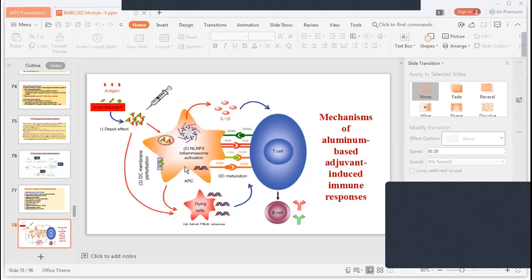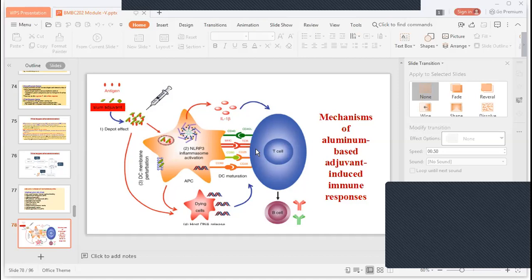It's a full name. So this inflammasome is inducing IL-1 beta, that is interleukin 1 beta. So this interleukin 1 beta will again induce the T cell or induce local inflammation and recruits the APC, antigen presenting cell, enhancing antigen uptake, and is also responsible for DC maturation, dendritic cell maturation, and stimulation of the T cell.